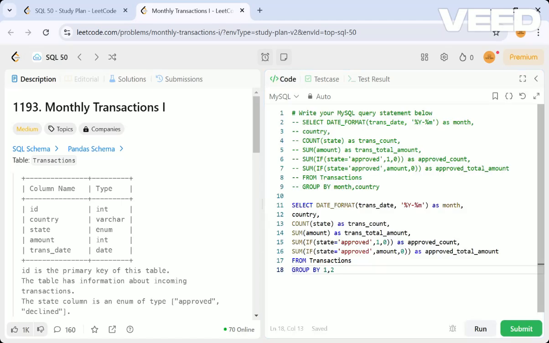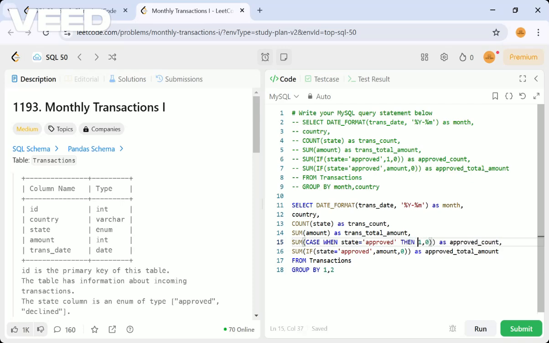So see, accepted. One more thing I want to tell you here is, instead of if, you can also use case. When this condition is true, then we return 1, or else you should return 0. Then we have to end.